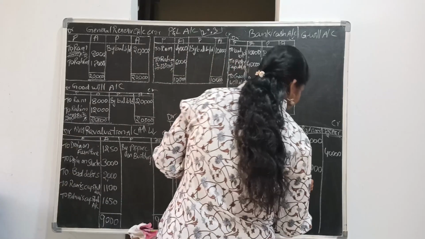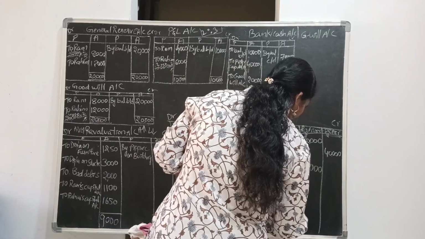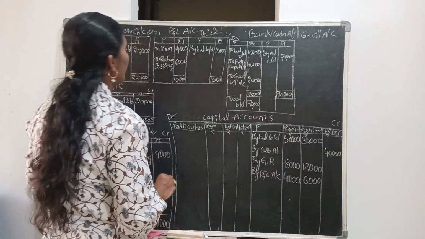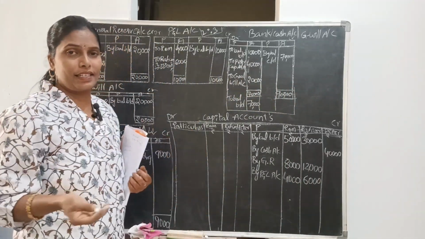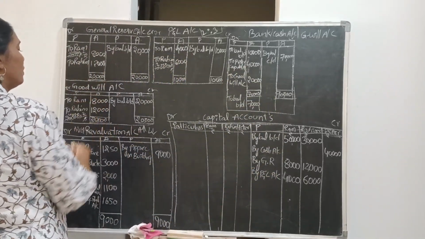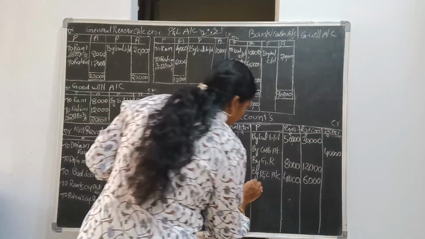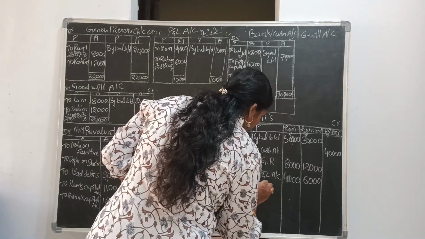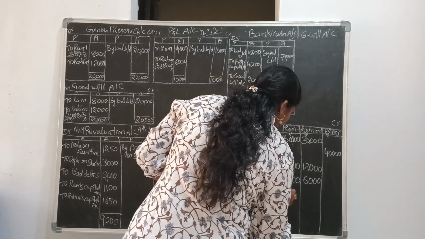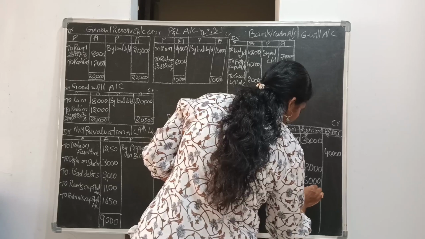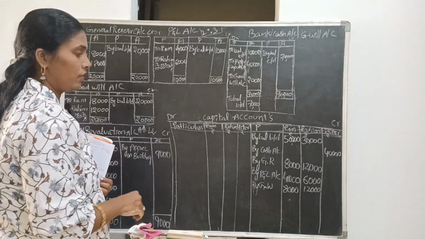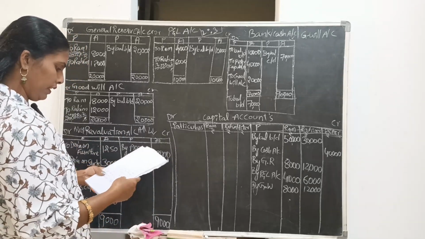Ram's share is 4,000 and Rahim's share is 6,000. Next, cash is an asset, so no need to post it in the capital account. Now coming to the goodwill, by goodwill we need to distribute. Already we have distributed, 8,000 and 12,000 is the goodwill amount. So goodwill 8,000 and 12,000. Now is there anything else?